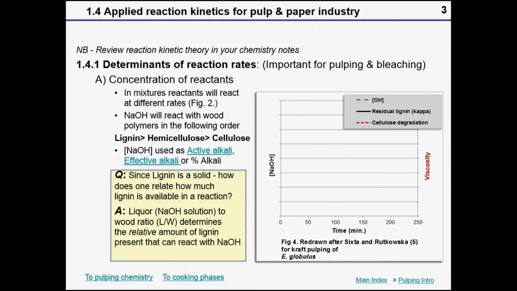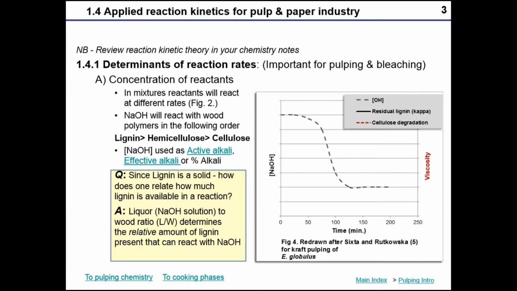From chemistry we know that there's several things that will affect reaction rates, and it is important for us to have some understanding of that, because when we cook our wood chips to remove the lignin, these things will play a role.